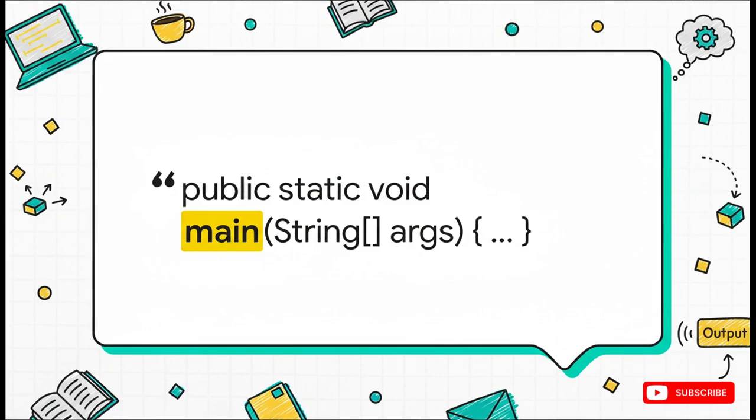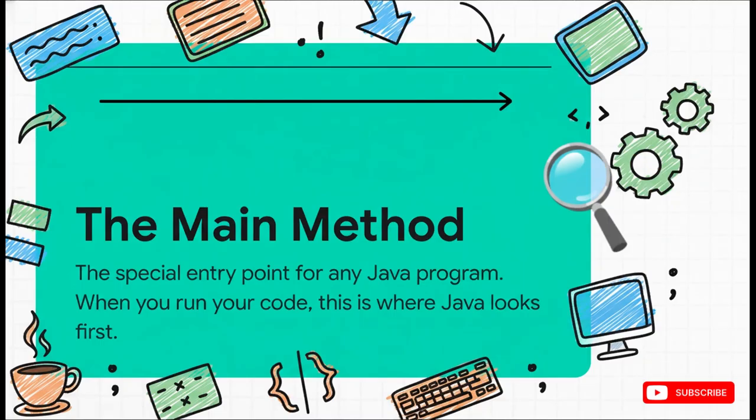Now this line might look a little scary, but really it's just a very specific, very important signpost that Java is looking for. Think of it like a giant flashing neon arrow that says, start here. Every single Java application has to have what's called a main method. It is the official front door. When you hit run, the very first thing Java does is search for this exact line to figure out where to begin.